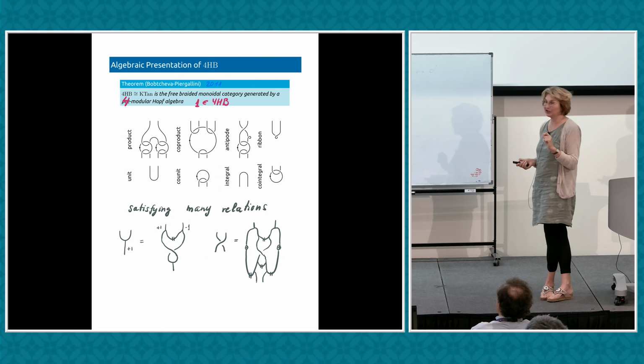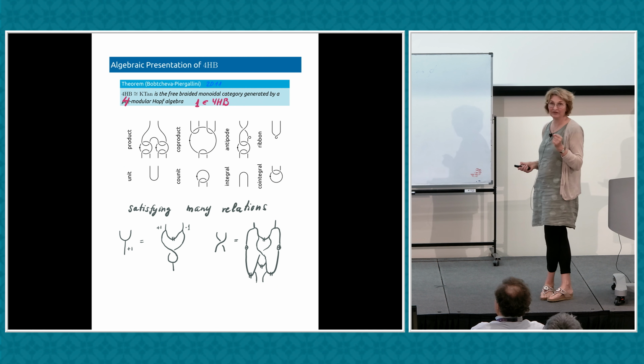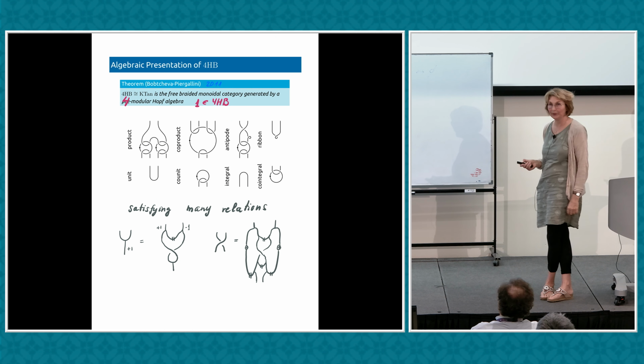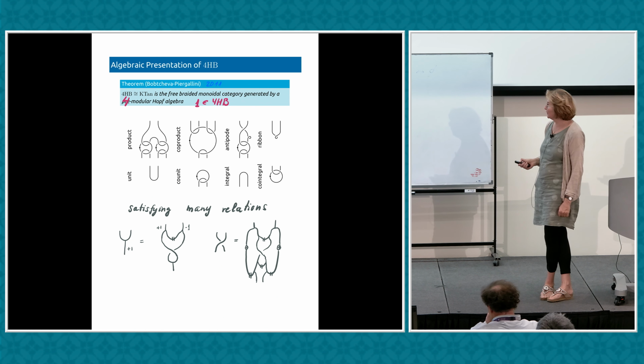But in addition, you have, for example, these two. This is the funniest relation, which I had never seen before. I found their paper a few years ago, and I was very excited about it. For example, you can express the positive crossing through the negative crossing and a bunch of pairings, copairings, antipodes, multiplication, comultiplication, and so on.